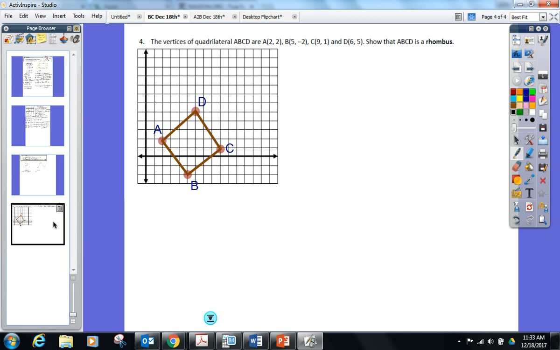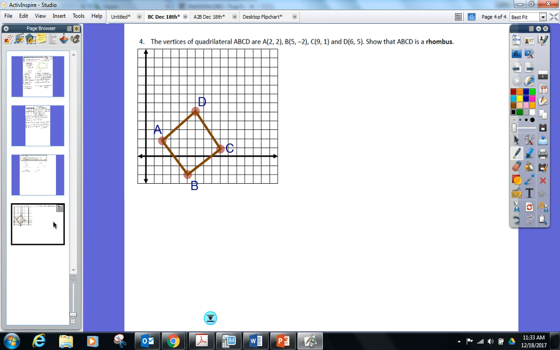So go ahead and graph number 4 with the rhombus. Okay, people getting it graphed here.